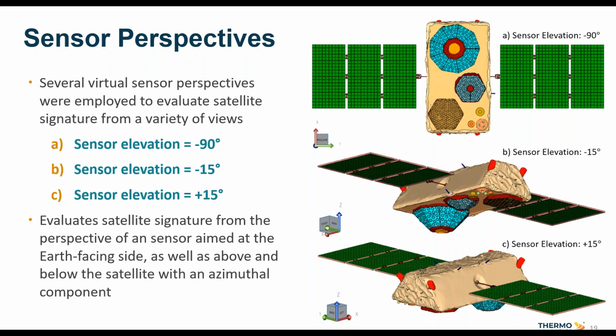The graphics that you see on the right-hand side there, we've got the sensor view A, which is directly beneath the satellite, kind of looking up at it, normal to the solar panels, and then 2 other views, view B and C, where there's a slight negative and slight positive sensor elevation angle. And for those 2, we're going to actually change the sensor azimuth as well, a full 360 degrees, to generate kind of a holistic look at the signature of the satellite from many different perspectives.